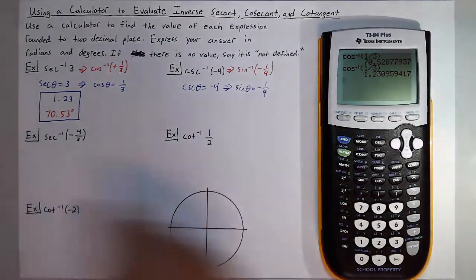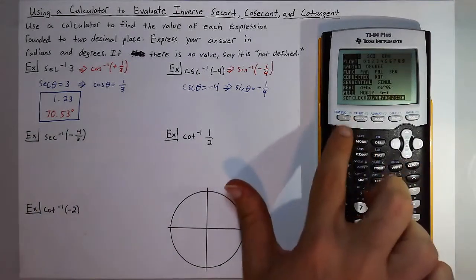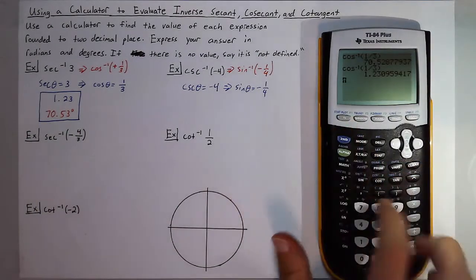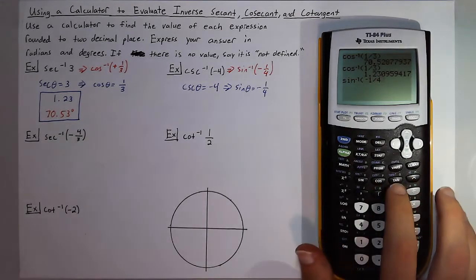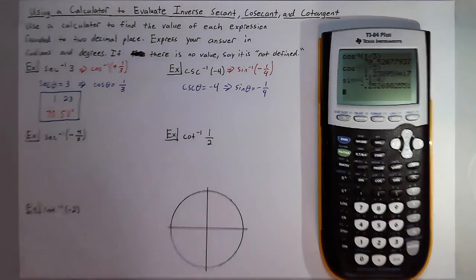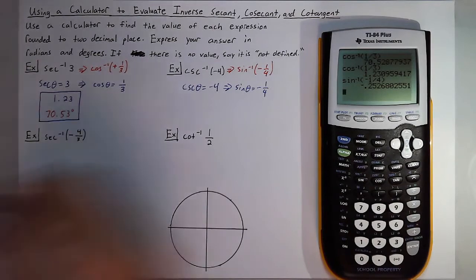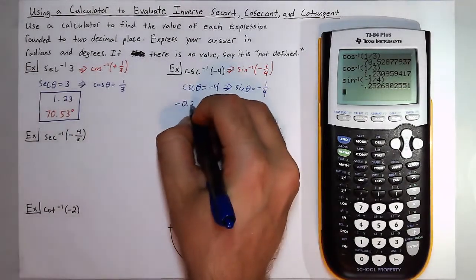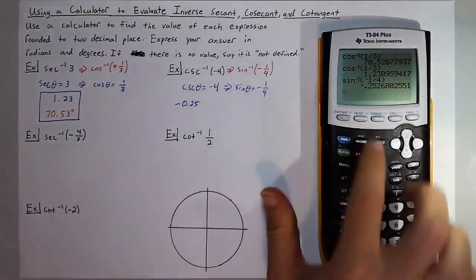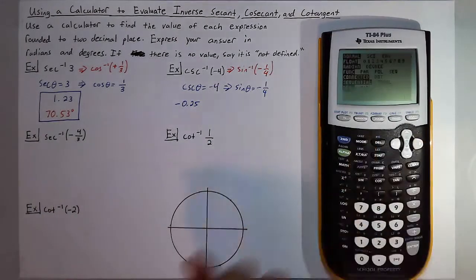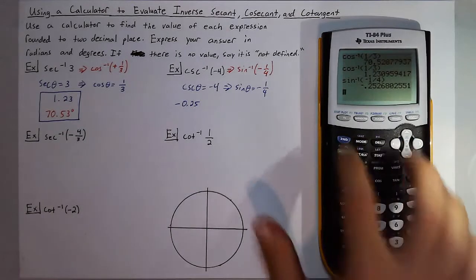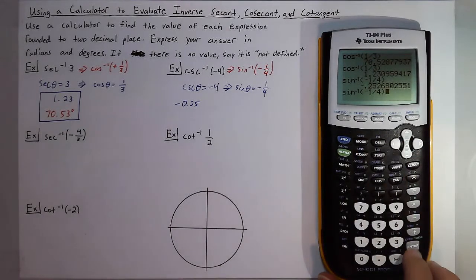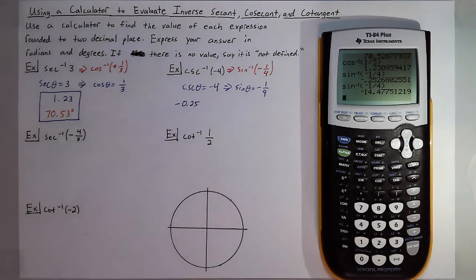Now I can plug that in, and right now I'm in radians. So second sine to get sine inverse, negative 1/4, and negative 0.25 radians. Now in degrees, mode, enter on degree, second mode to quit, then second enter to get the entry back, and hit enter, and it's negative 14.48 degrees when rounded correctly.